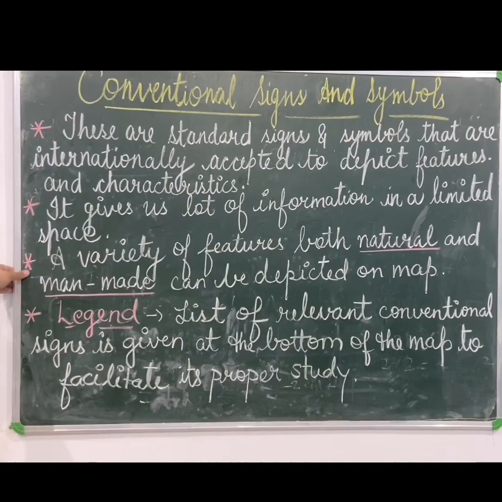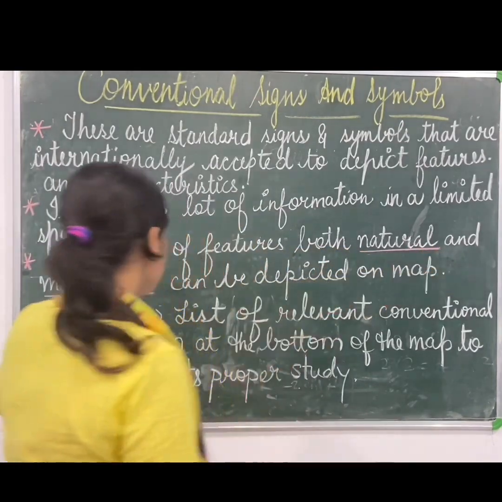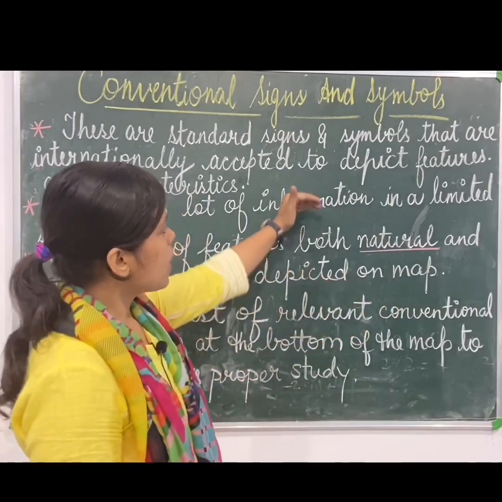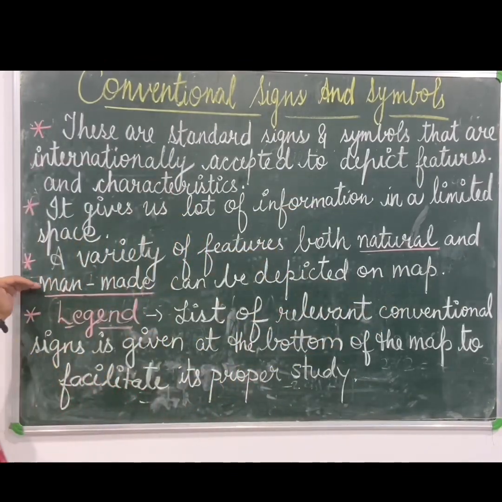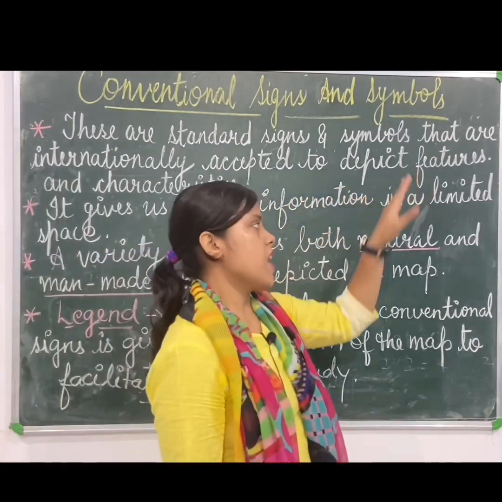Now next is that a variety of features, both natural and man-made, can be depicted on the map. Just now I explained this topic under characteristics and features, but again I will revise.